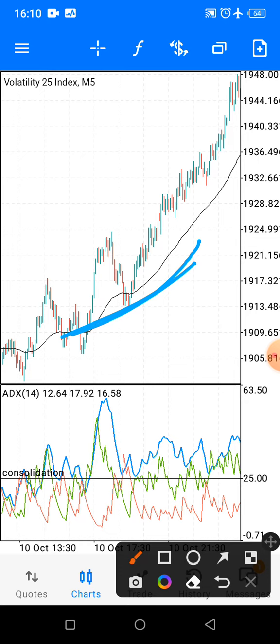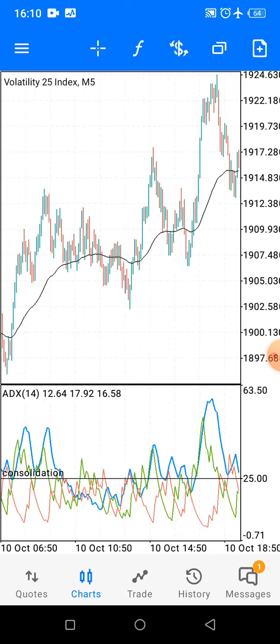Then we check if the blue line is below level 25, and here it's above the level 25, right? Then the green line goes above the red, showing a buy in an uptrend, right? So we take our entry. Most probably we've taken it somewhere in there, right? Stop loss here, as you can see, it went up quickly, right?